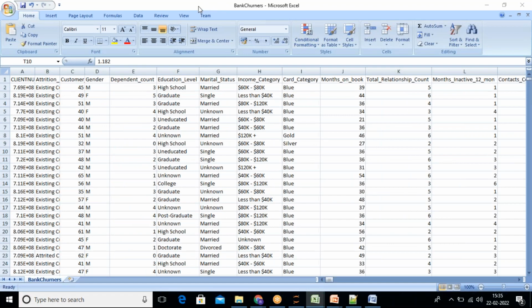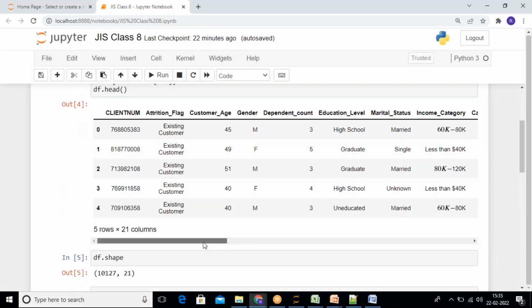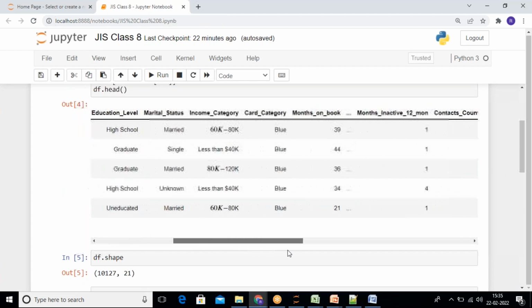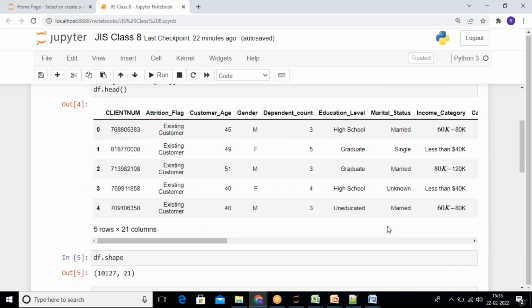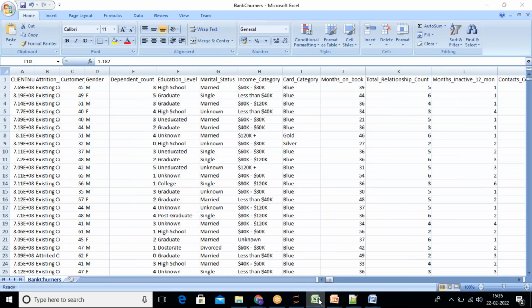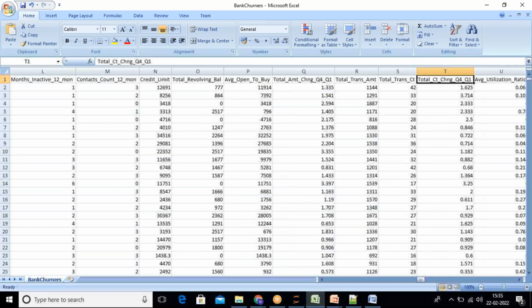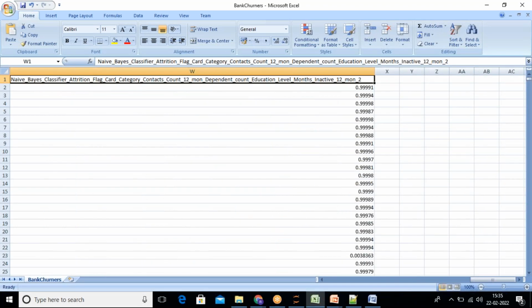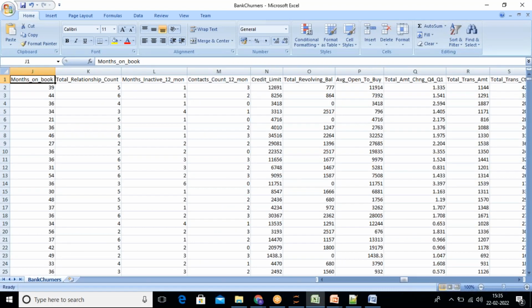Where is actually our target? Existing customer target. Where is the target? Target. Marital status, income category, month relationship, month count. Okay. Wait.